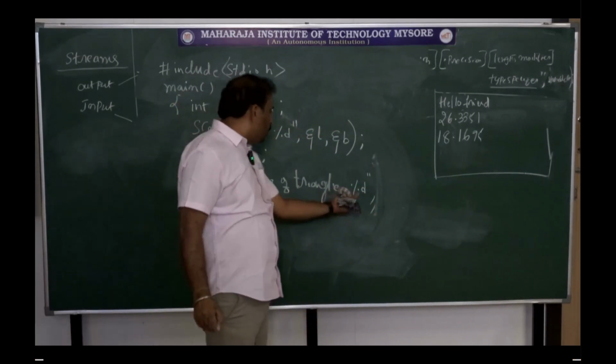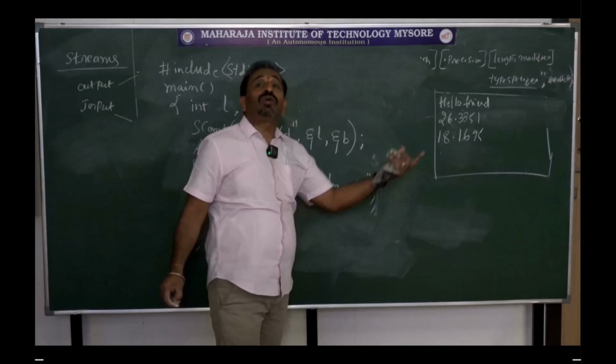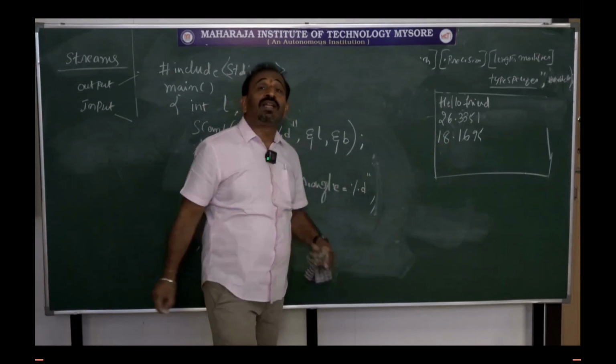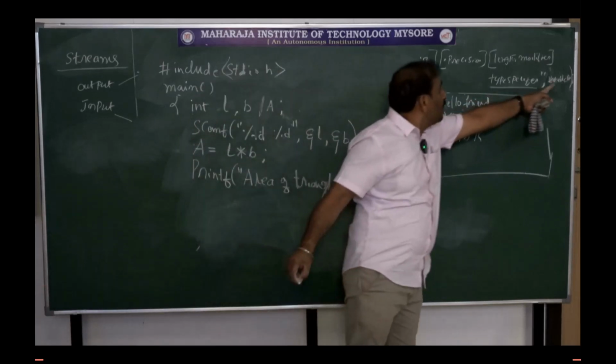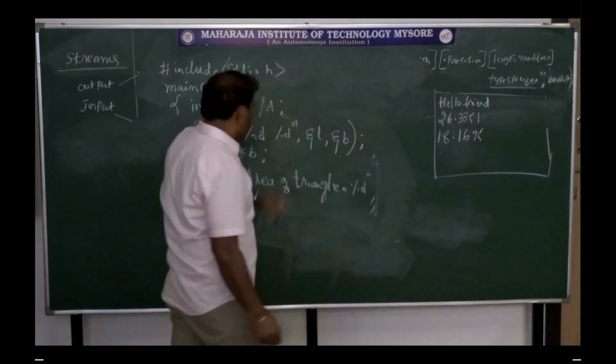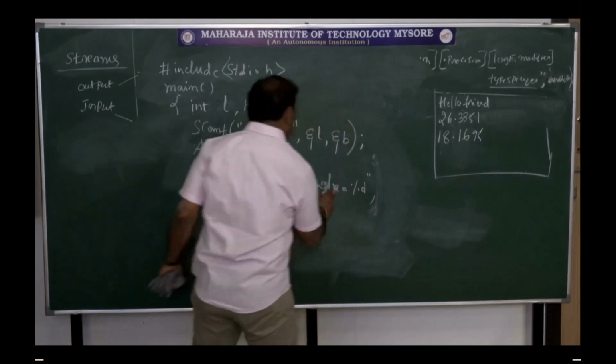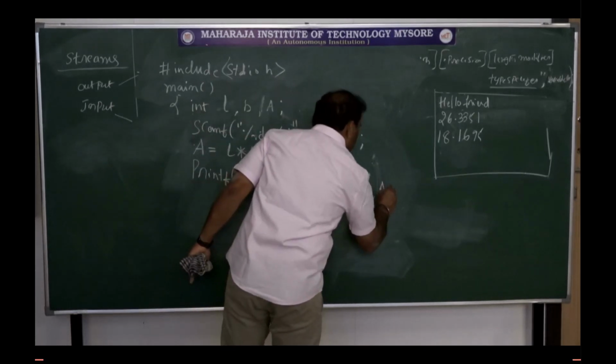You know that whenever you write this percentage %d, you have to give the variable name, variable list. We have written. So, therefore, you write which variable. So, this is nothing but A.